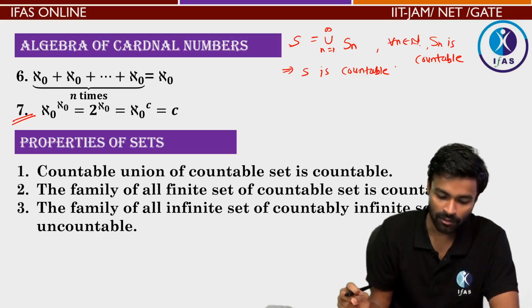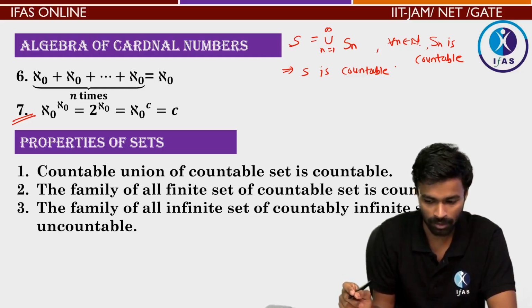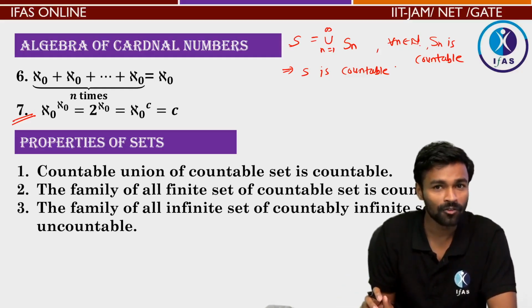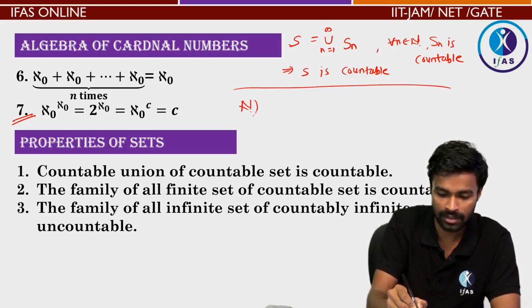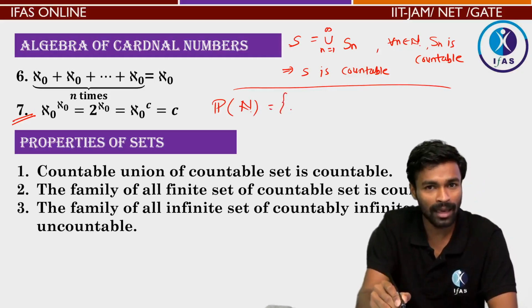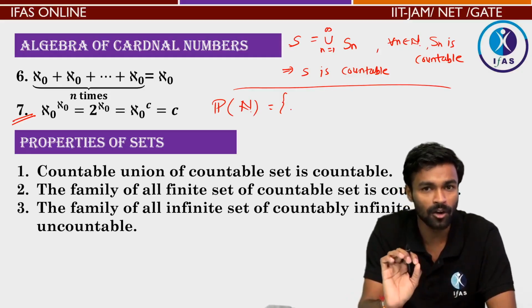Now the next one, the family of all finite subsets of a countable set is countable. I will take my set of natural numbers and its family, that means I will take its power set. Which elements will come in its power set? That is all subsets of natural numbers.